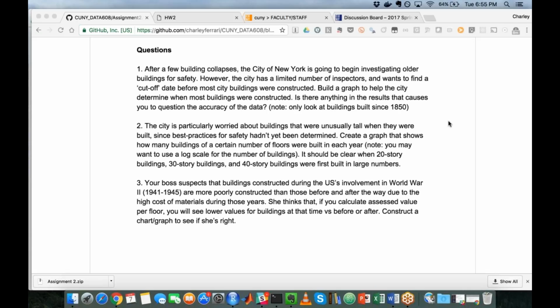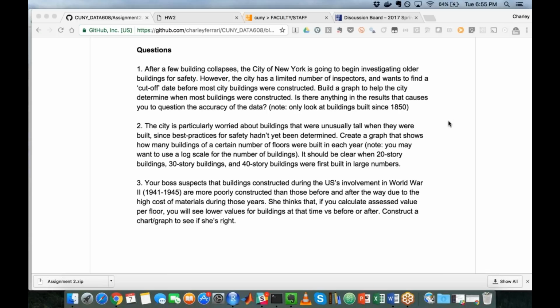We're trying to look at what is a cutoff date before most city buildings were constructed. So this is something that's open to interpretation.